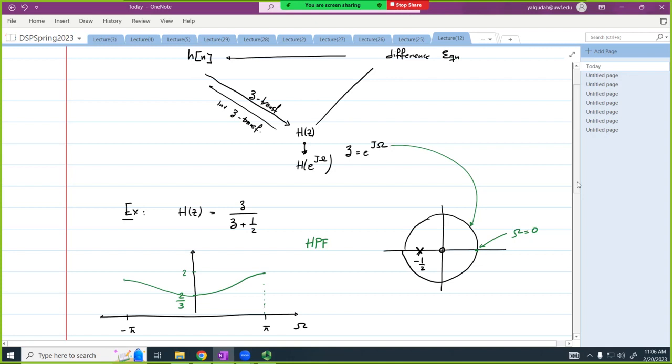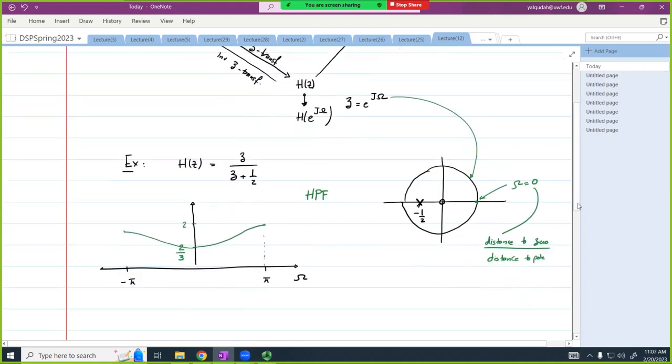Of course, this is distance to zero, which is at the origin, divided by distance to pole, which is going to equal 1 divided by 1 plus 1/2.